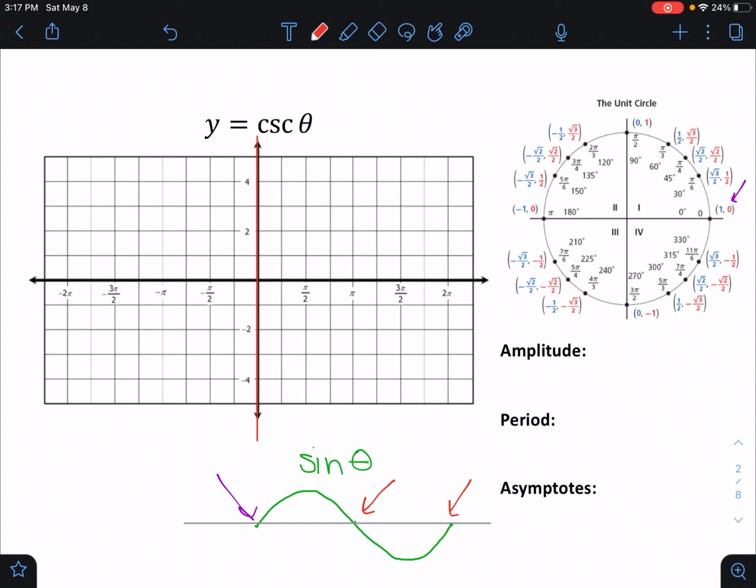So that means here at pi, where it's 0, at 2 pi, where it's 0, and then back the other way as well.